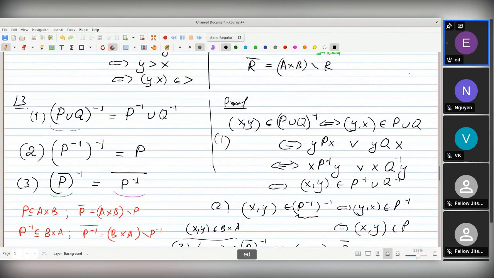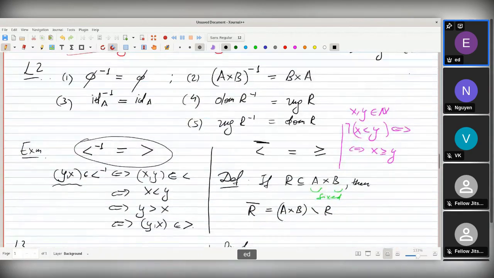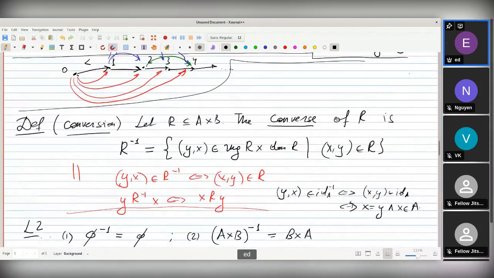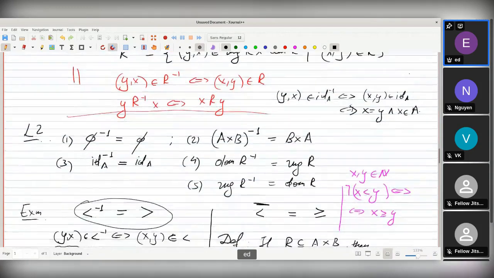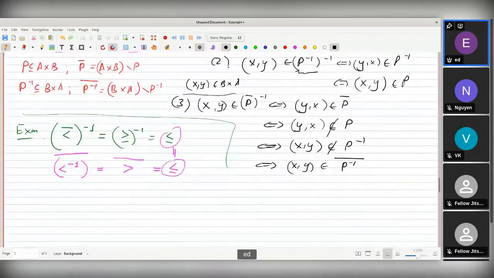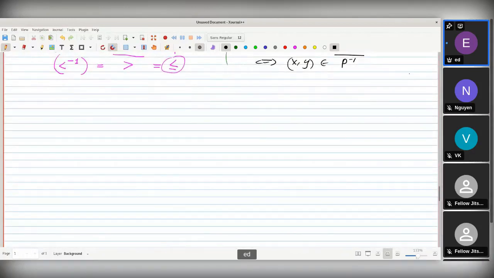This may be set algebra operations like union or intersection or complement, and also we have some special operation for binary relations, conversion. And in fact, in order to provide an algebra of binary relations, which is our goal, by the way, we should define one more operation known as the composition.